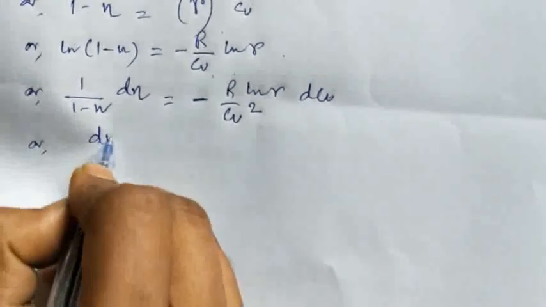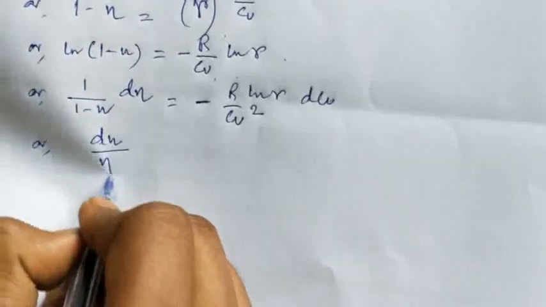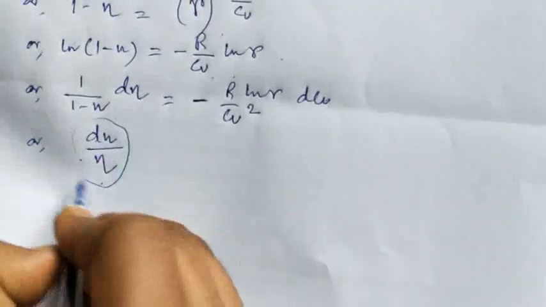Okay, our next step will be d of efficiency by efficiency. We need to calculate this, which is the change in efficiency.